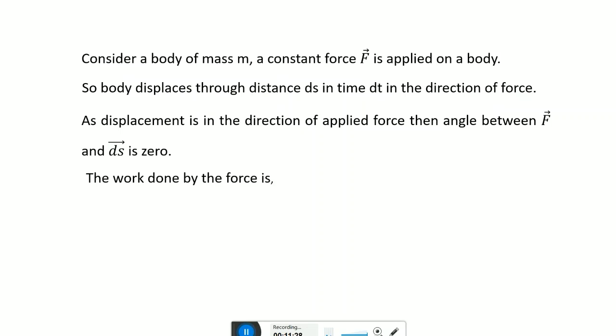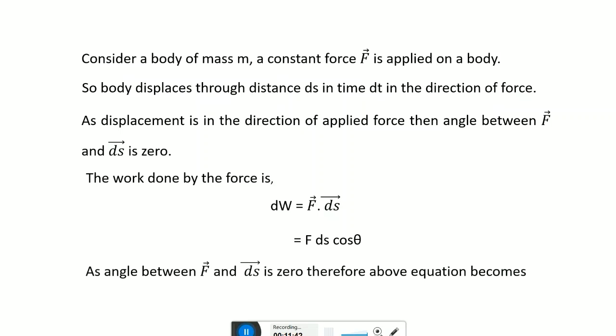The work done by the force is dW is equal to vector F dot vector ds. And dot product of two vectors is F ds cos theta. As angle between vector F and vector ds is 0, therefore our equation becomes dW is equal to F ds.